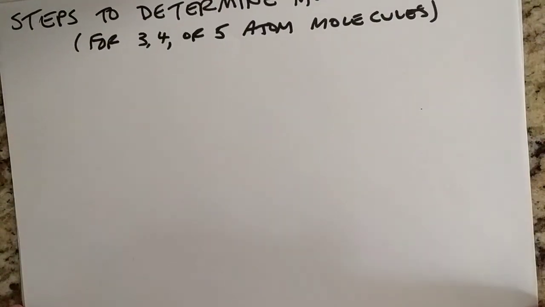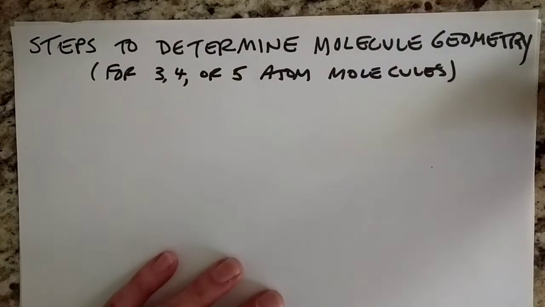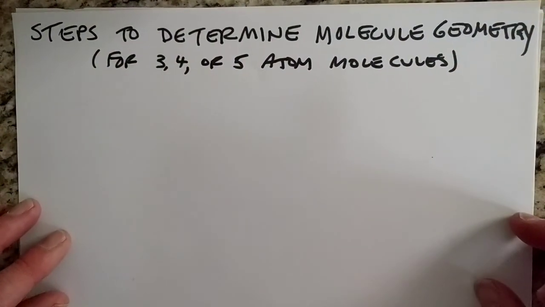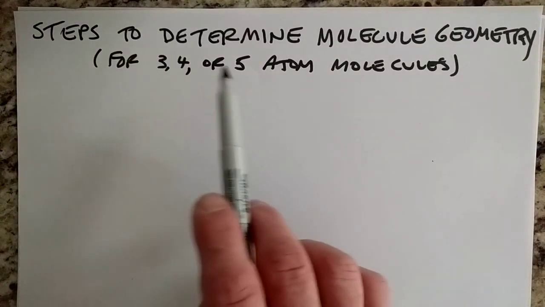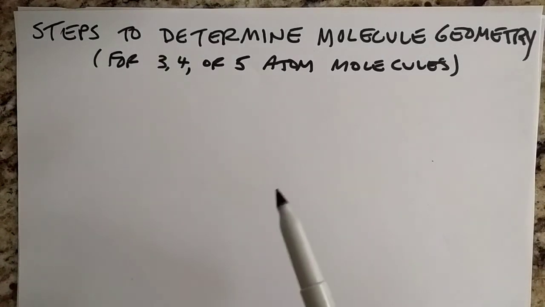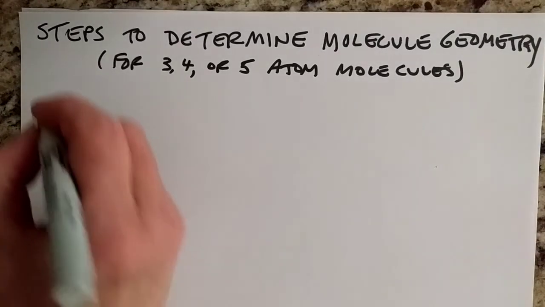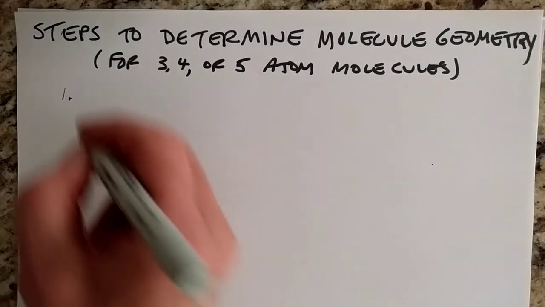So the next thing we're going to do is write down the steps to determine the geometry for any molecules that have 3, 4, or 5 atoms. Remember, if we have 2 atoms, it's linear, case closed, we don't have to worry about anything else. But if we've got 3, 4, or 5, now we have to figure it out. So step number 1 is to draw the Lewis structure.